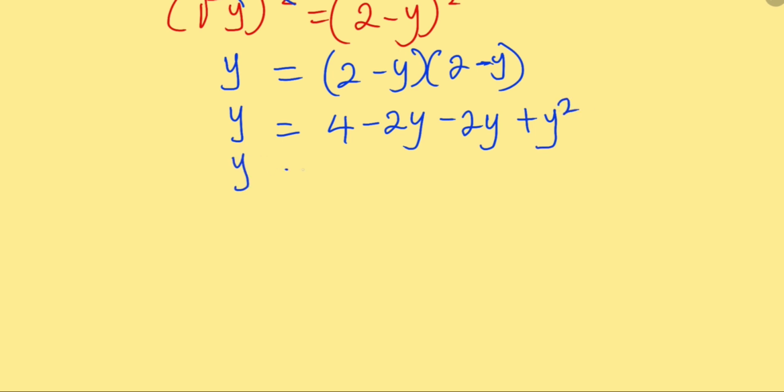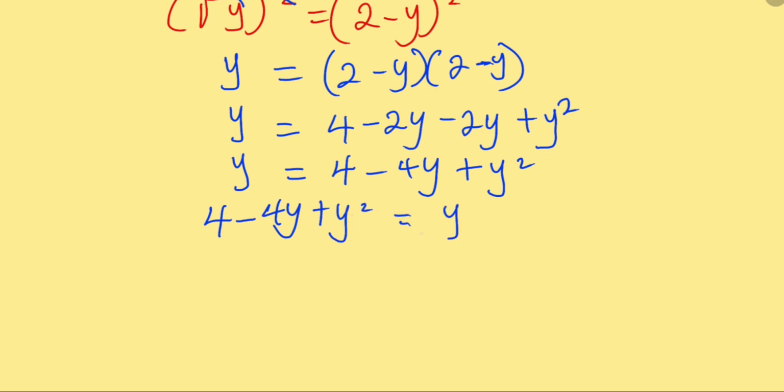So y is equal to 4 minus 2y minus 2y, that is minus 4y, plus y squared. Now, if I like, I can write the right-hand side first before the left-hand side. So I can say 4 minus 4y plus y squared equal to y.